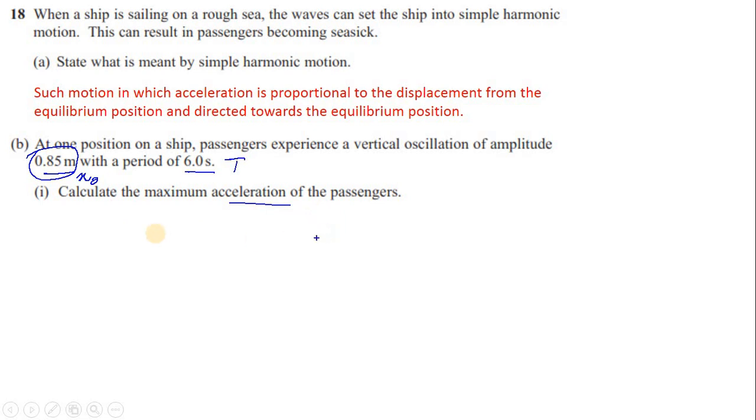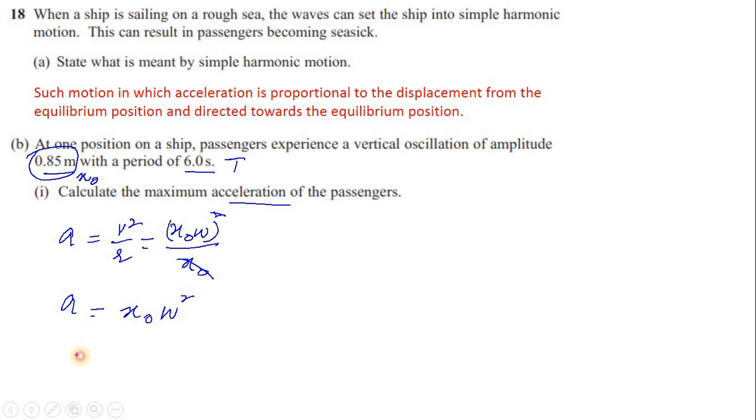In simple harmonic motion, acceleration is generally v squared over r, where v is linear velocity, but we are not given that, so let's convert into angular velocity. v is equal to r omega, where r is the amplitude x naught. So v squared over r gives omega squared x naught squared over x naught, and one x naught cancels, so a equals x naught omega squared.